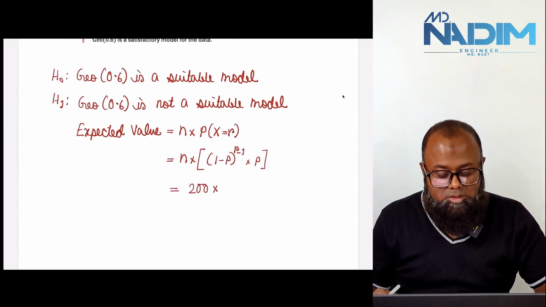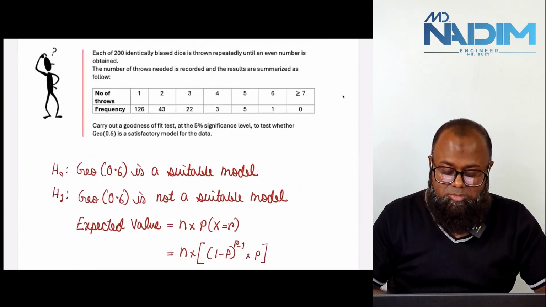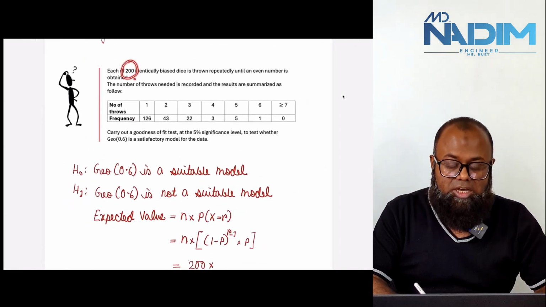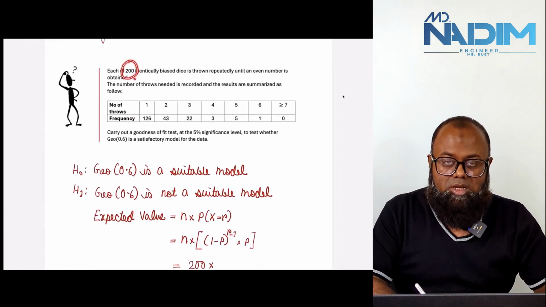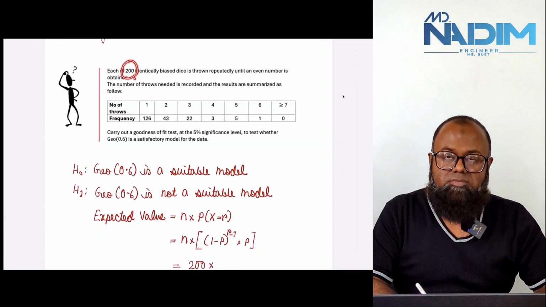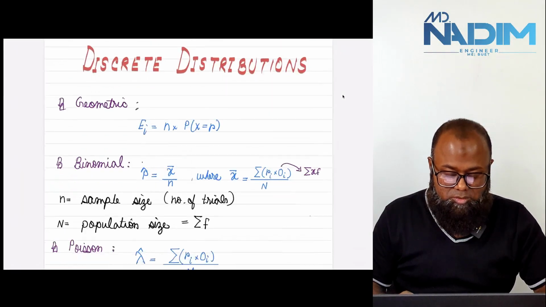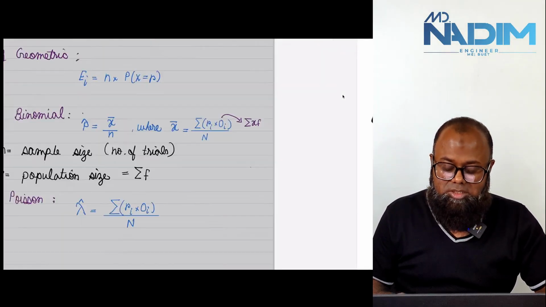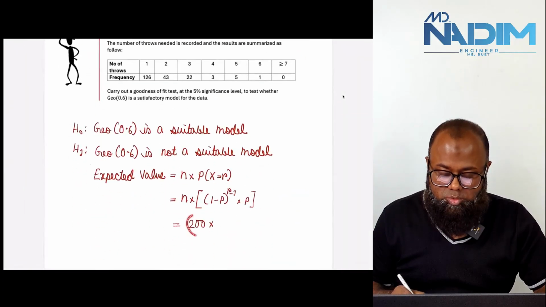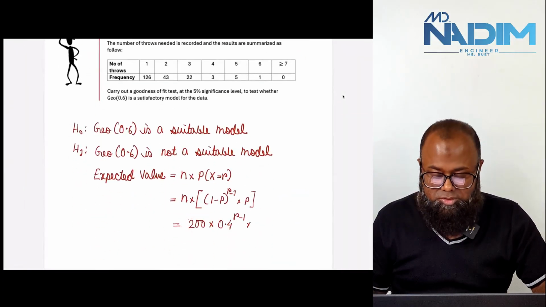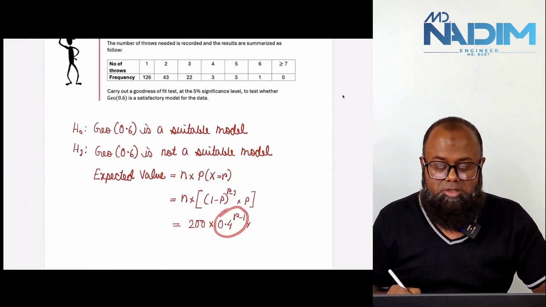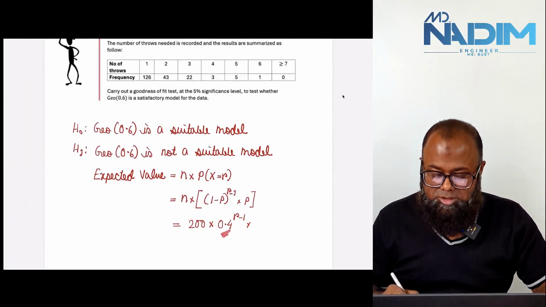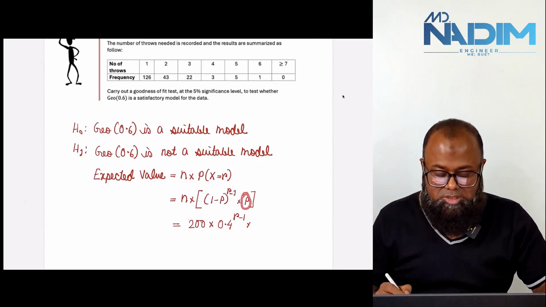So, in this sum, we have the sum of all frequencies, N. N is what? Sample size. Here the sample size is 200. So, 200 into 0.4 to the power r minus 1, that is the probability of failure, and the probability of success is 0.6.